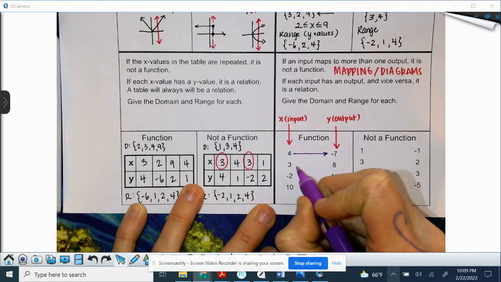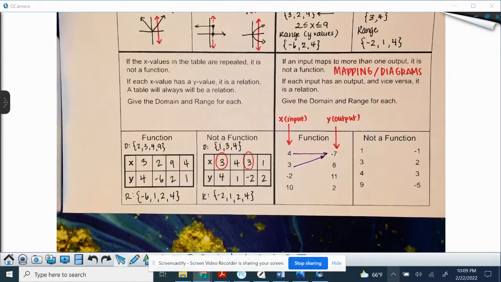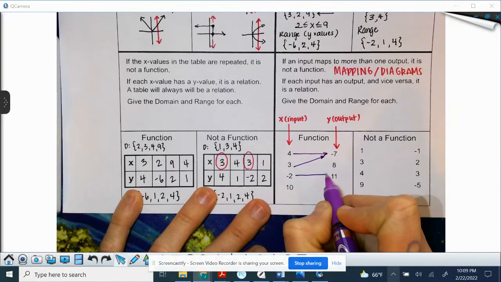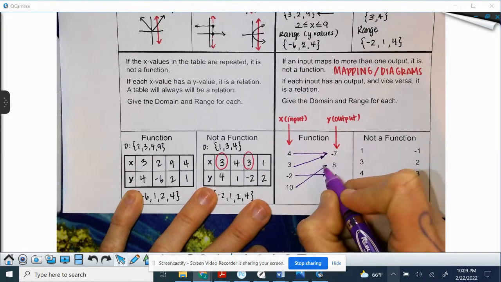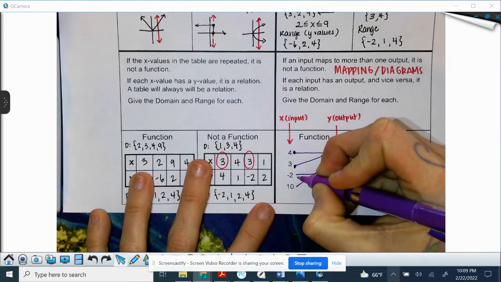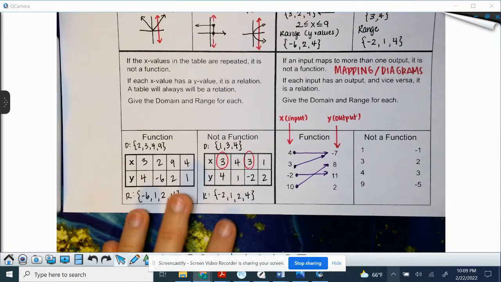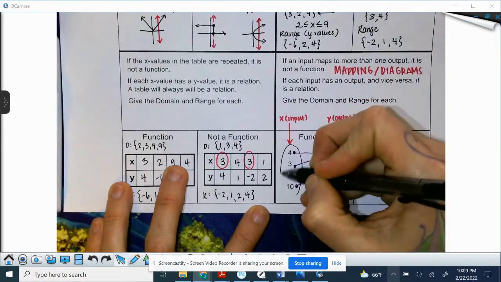And the 3 can go to the -7, that's fine, as long as there's not 2 arrows coming from your input or your x value. And then have them crisscross everything. But as long as you have one arrow coming from every x value, then it is indeed a function. And you will see these sometimes, they'll have circles around them, maps around them.